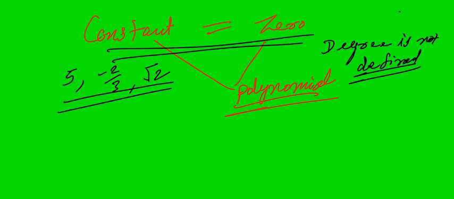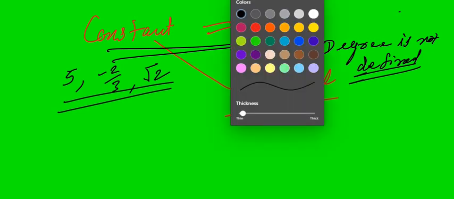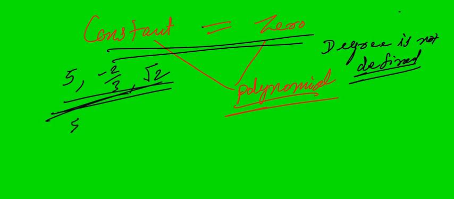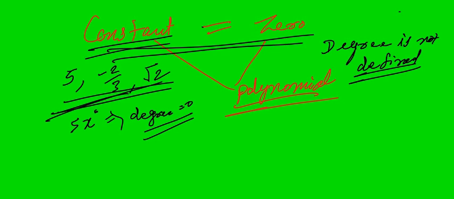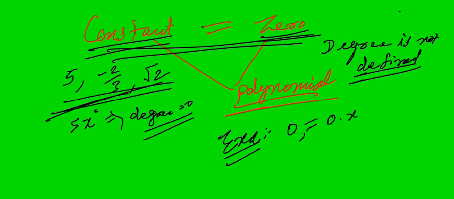In a constant polynomial we can define the degree. We can write 5x to the power 0, so the degree is 0. But if the question is about the zero polynomial, we cannot define the degree. In a zero polynomial you can write 0, and in place of 0 we can write 0 into x to the power 7.